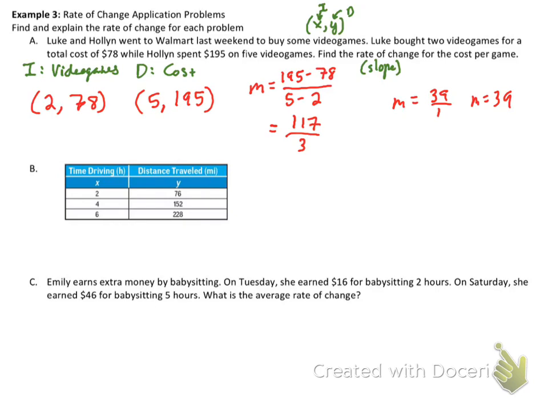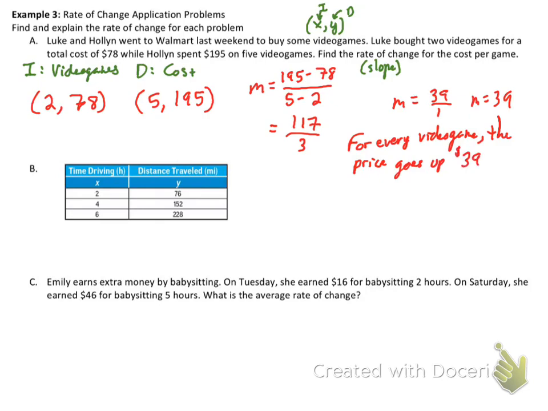So what does that mean? We have to interpret the slope now, because the slope is the change in y over the change in x. So, for every video game, the price goes up how much? $39.